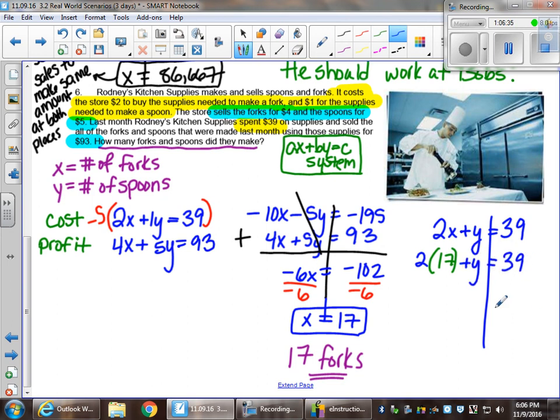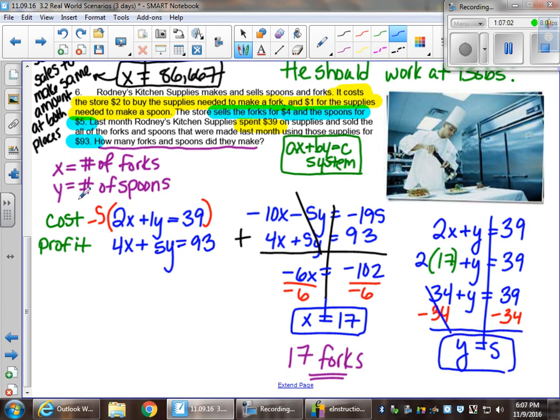2 times 17, what's that? I got 34. Let me know if we agree. 34 plus y equals 39. Subtract 34 from both sides. What's 39 minus 34? I get y equals 5.